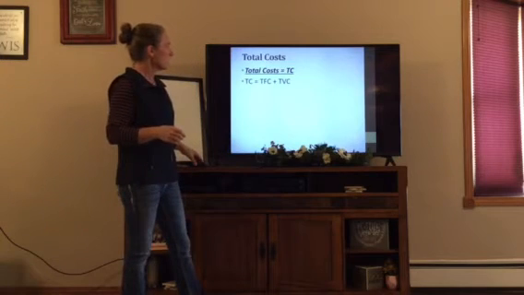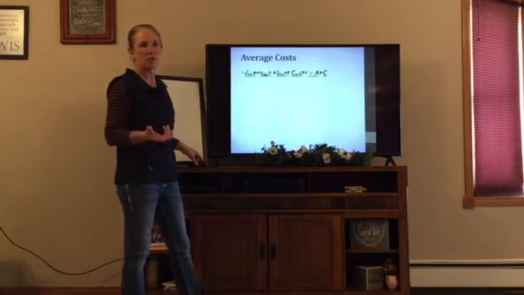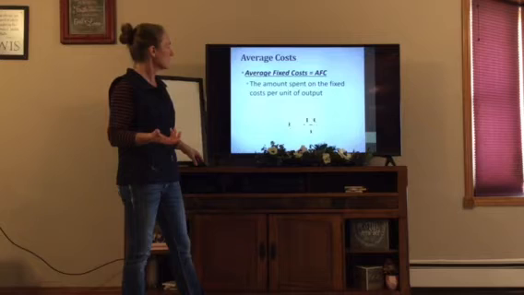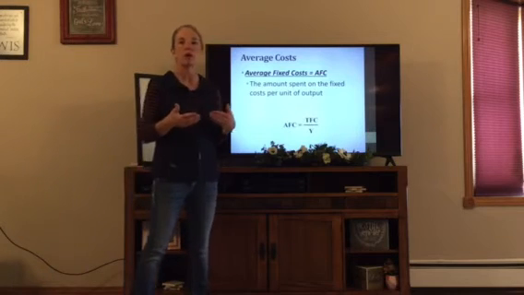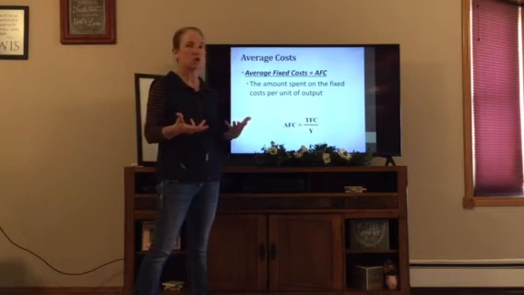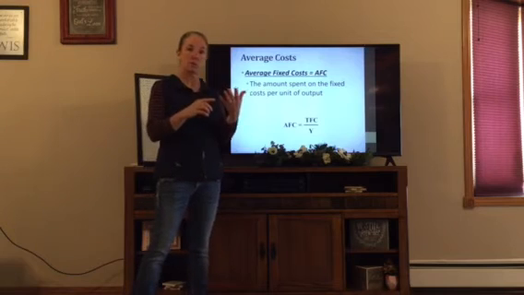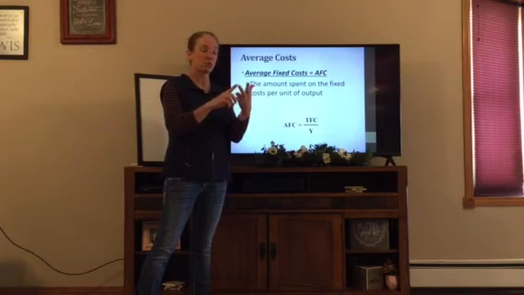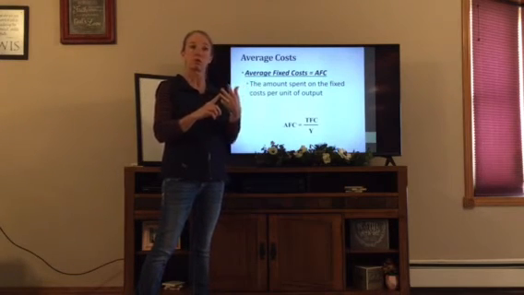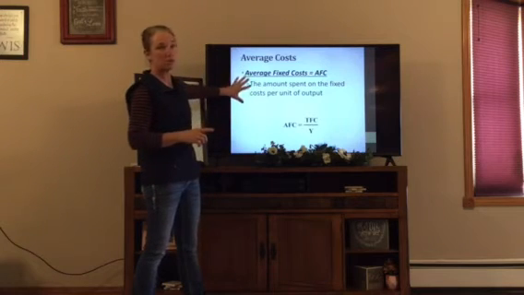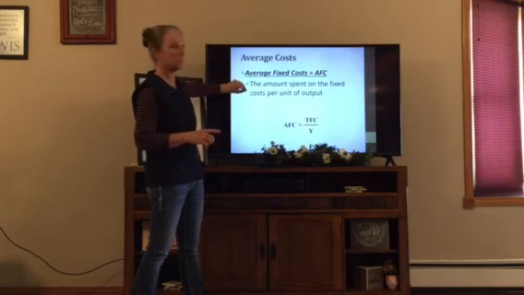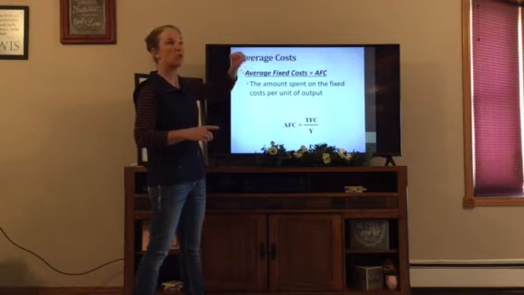But the other thing is, sometimes we want to know how much it costs us per unit. So we look at some of our costs on what we call average. We call them an average cost, and we do that for all of our types of costs: fixed costs, variable costs, and total costs. Our average fixed costs are simply the amount that we spend on fixed costs per unit of output.